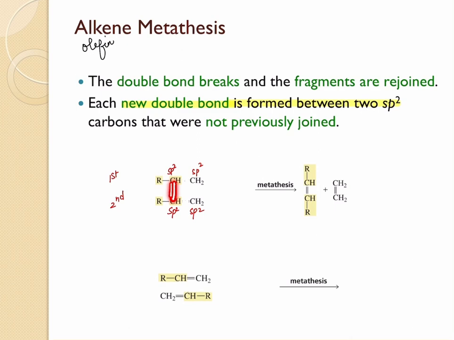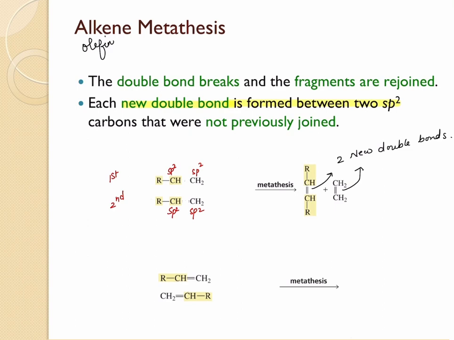So when we do that, this is going to give us a new alkene. And similarly, when we unite these two sp2 carbons together, this gives us an ethylene molecule, which is another alkene molecule. So here are the two new double bonds that are created.